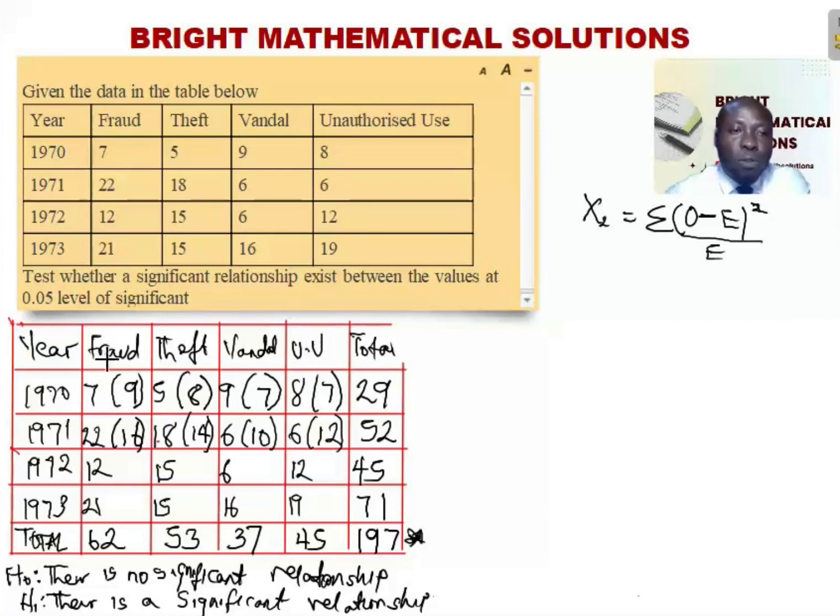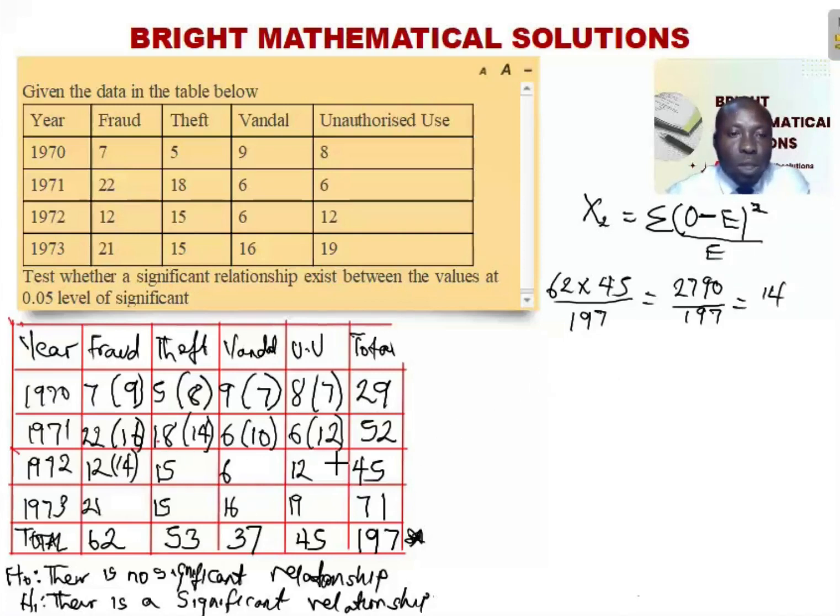So fraud 1972, that is 62 multiplied by 45 over 197. So 62 multiplied by 45 is 2790 divided by 197, and that gives me 14. So I'm coming back here and writing 14.